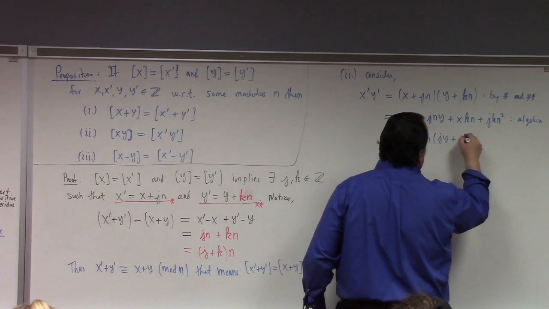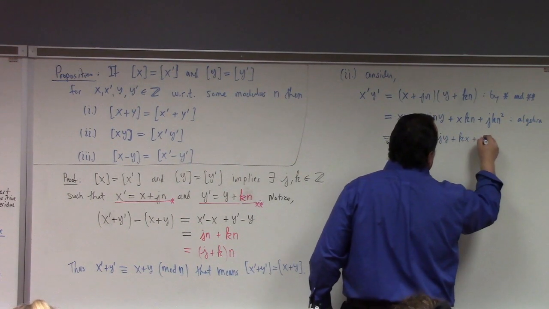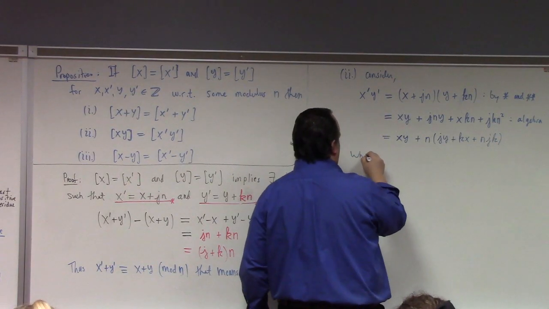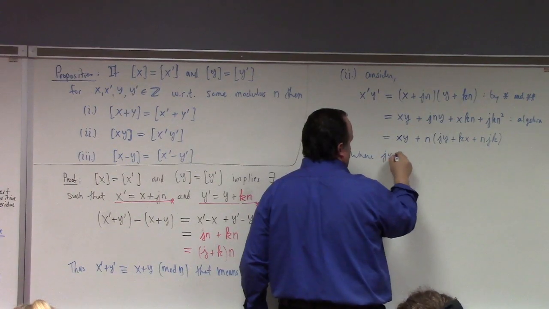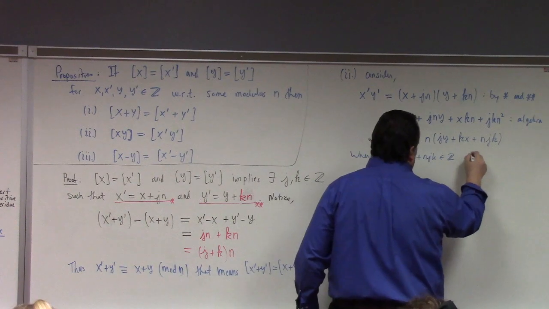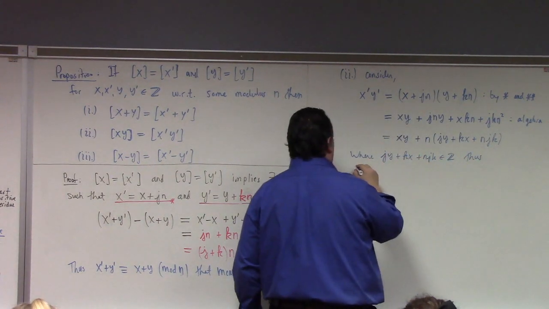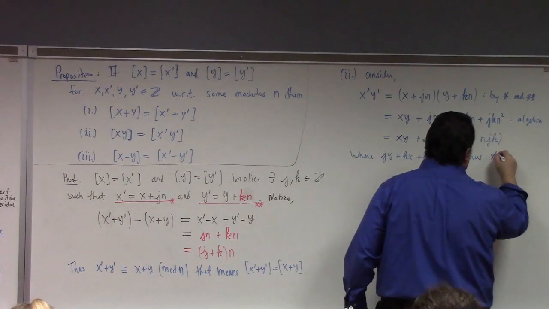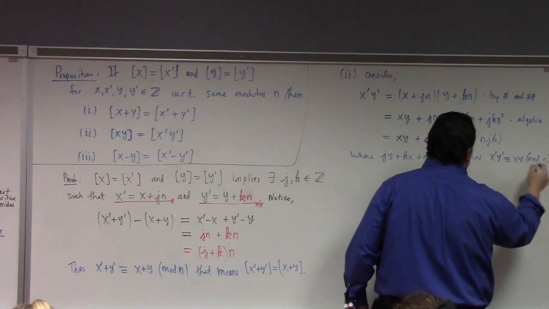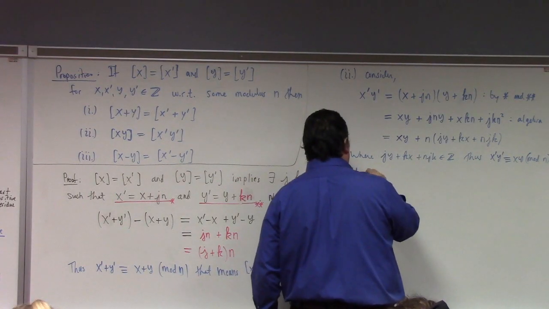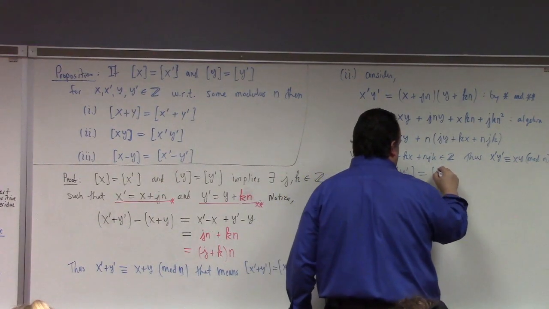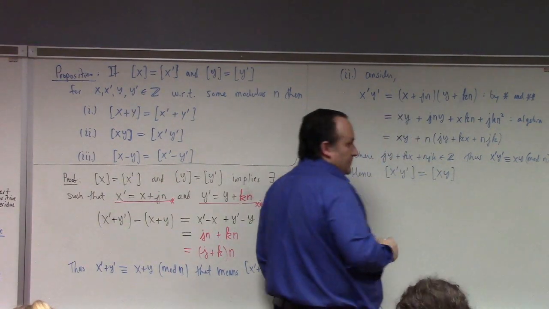Jy plus kx plus njk, if you like, where jy plus kx plus njk is an integer. Thus, x prime y prime is congruent to xy mod n. Hence, the equivalence class represented by x prime y prime is equal to the equivalence class represented by xy, right?